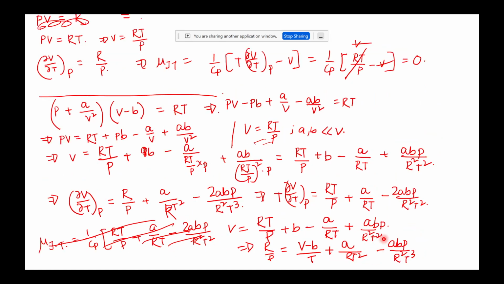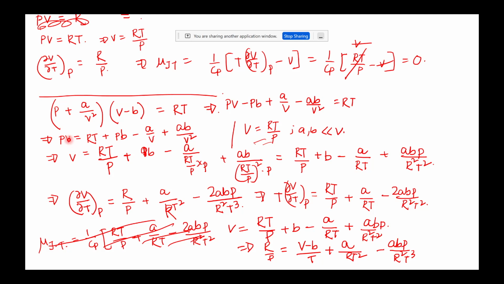Now for the ideal gas, PV is equal to RT, so V equals RT by P, and differentiating with respect to T, del V del T at constant P is R by P. Substituting, T times R by P is V, so V minus V is 0. So for an ideal gas there will be no heating or cooling because mu JT, the Joule-Thomson coefficient, is always 0. But for the real gas, it is a different scenario.